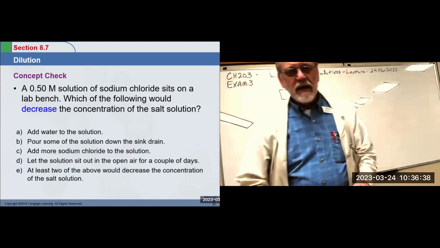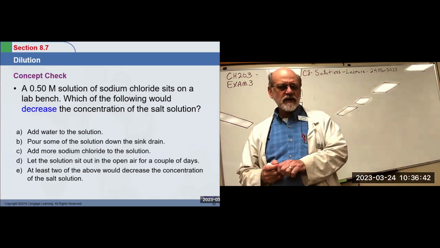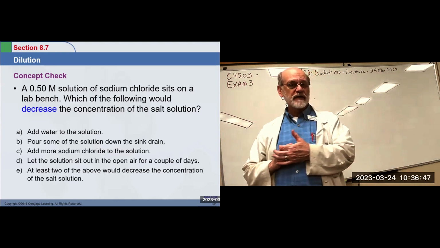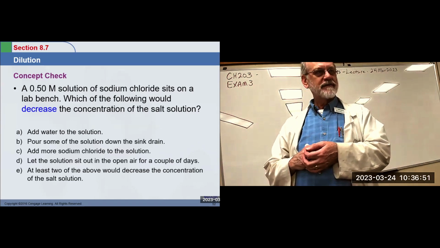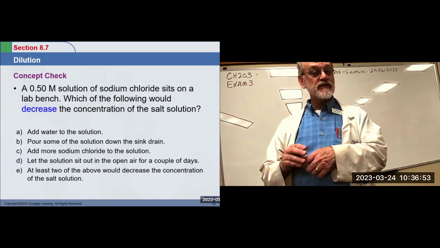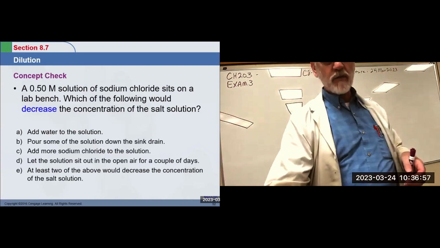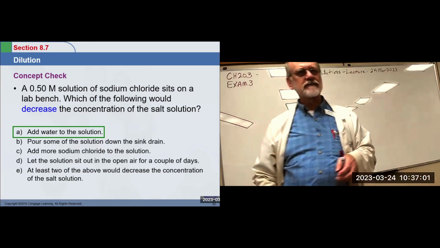All right. A 0.5 molar solution of sodium chloride sits on a lab bench. Which of the following would decrease the concentration of the salt? Add water to the solution. Yeah, that would decrease the concentration because you're increasing the solvent. So A would work. Pour some of the solution down the drain.